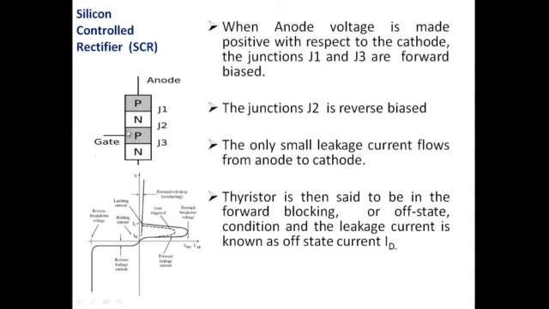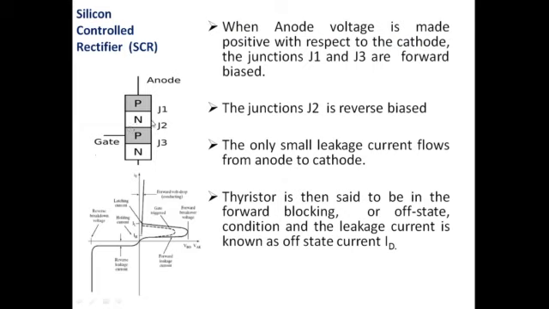There are no charge carriers, so we call it a depletion region. Similarly, these electrons are trying to cross this junction to join with the holes, so they are going away from junction J2. So the already existing depletion region width will increase.